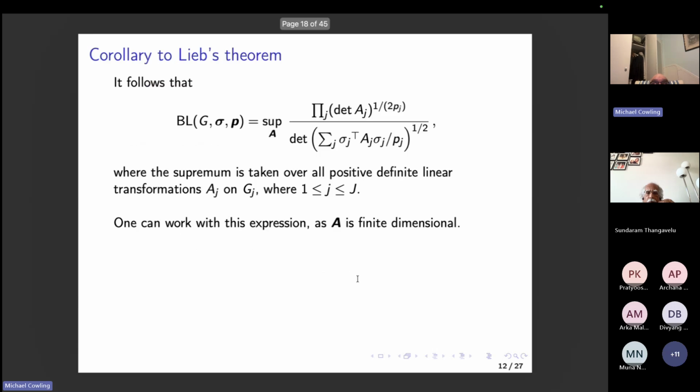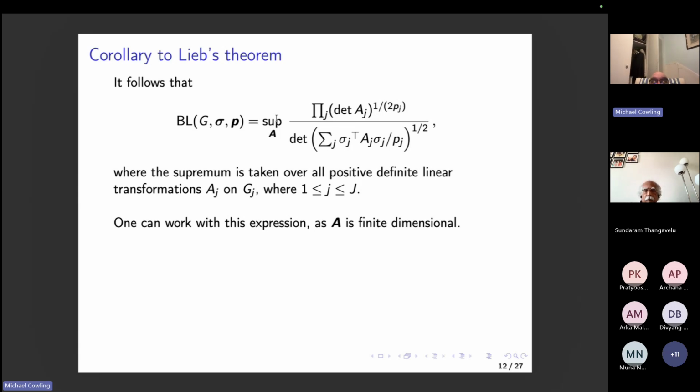And it means that in the case of Euclidean spaces, the Brascamp-Lieb constant can actually be written down as a finite kind of function. There's a product of determinants. This corresponds to the product of L^p norms. And then there's one determinant, and this corresponds to the left-hand side of the inequality.